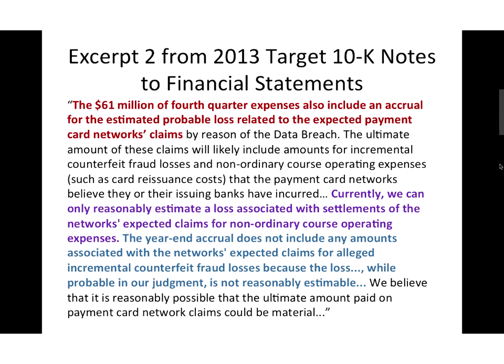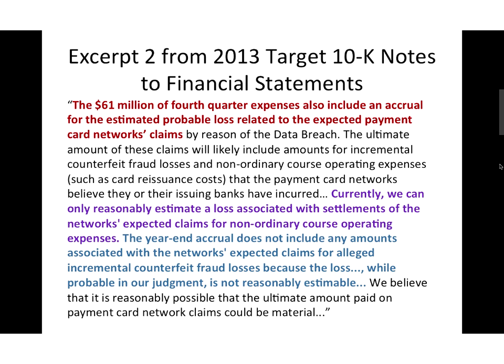Now, halfway down it says currently we can only reasonably estimate a loss associated with the settlements of the network's expected claims. This is where Target's talking about Visa and MasterCard suing them for fraudulent use of those numbers. If someone steals 70 million credit card numbers, they probably have an intent to commit some fraud with those numbers.